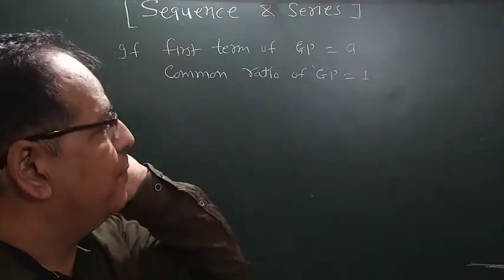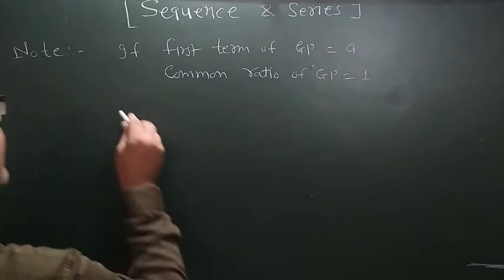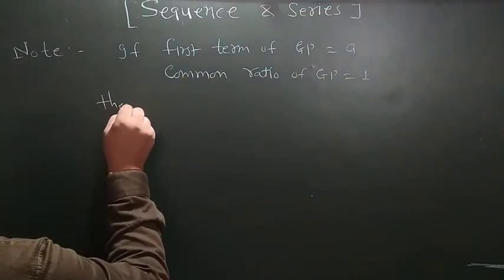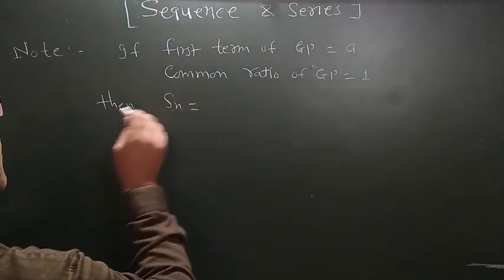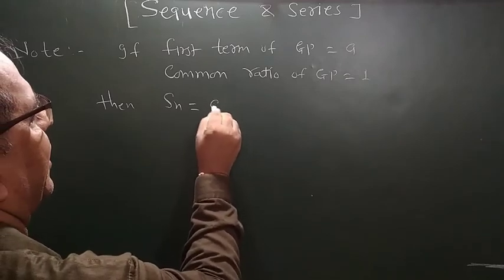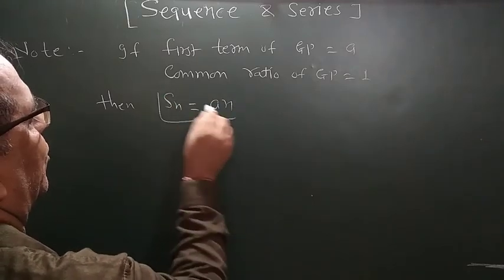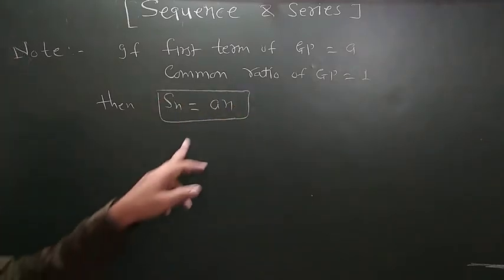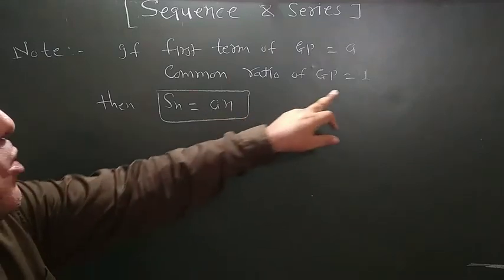But what happens when r equals 1? Then the sum Sn of n terms of the GP becomes a into n, because the common ratio is 1.